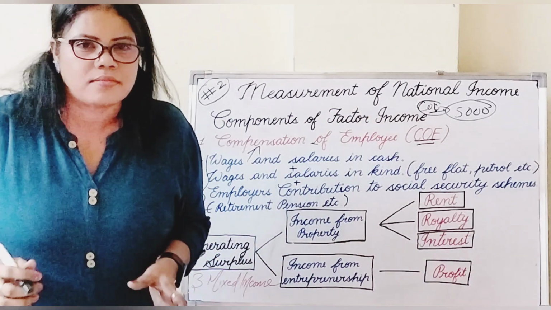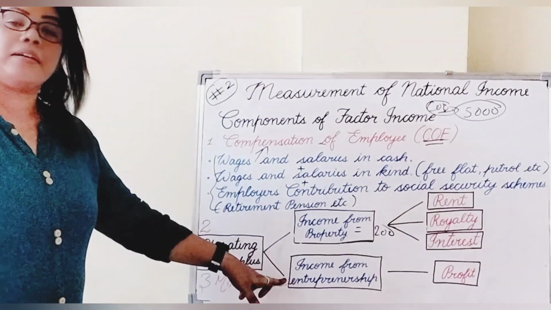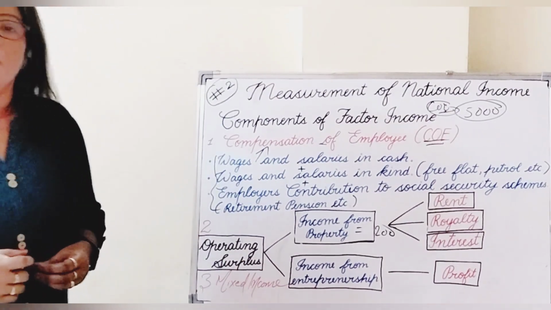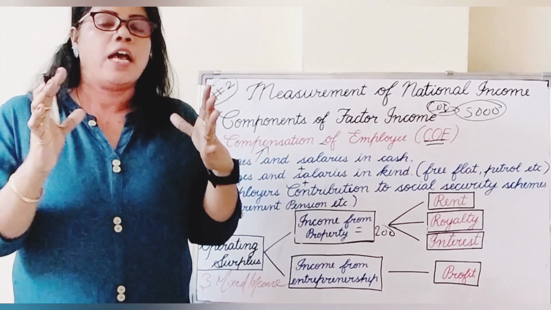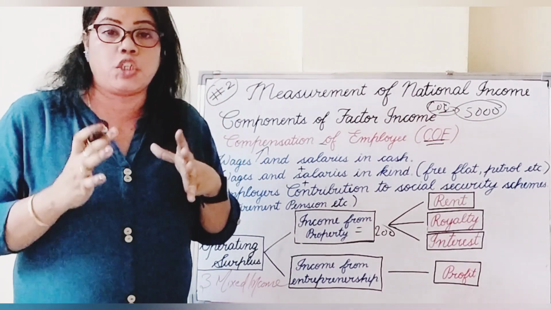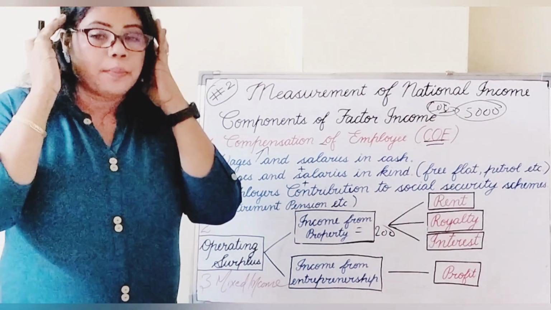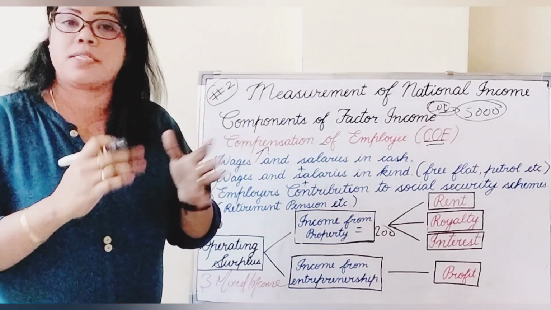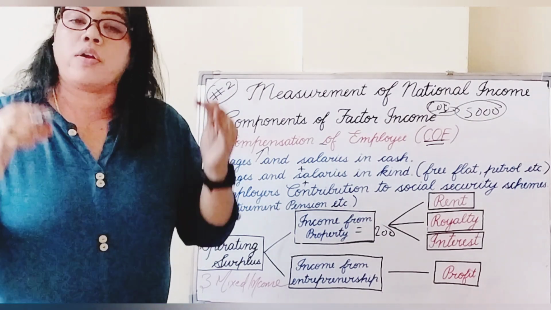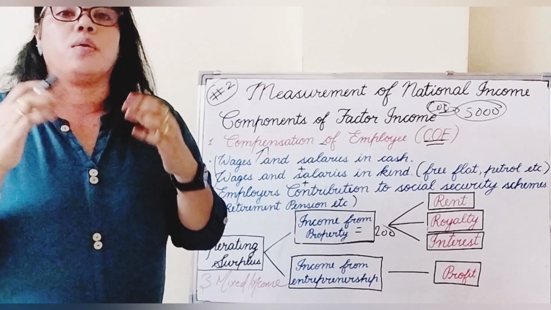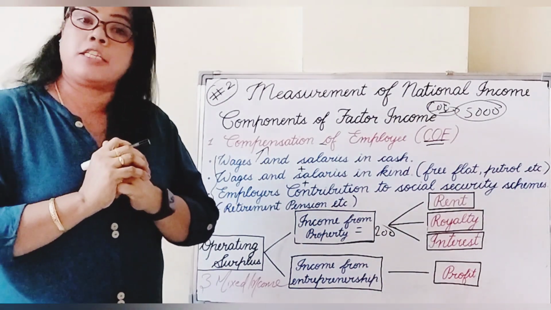What is entrepreneurship? What is income from entrepreneurship? Entrepreneurship is the management, the brain, the manager or the entrepreneur who is using the brain for running a particular business, or the businessman or the economic agent who is using the brain for running any economic activity.